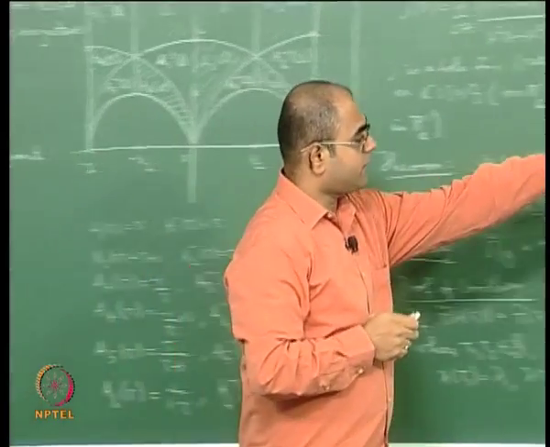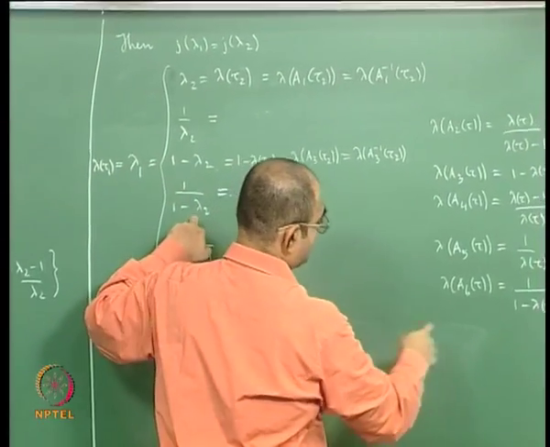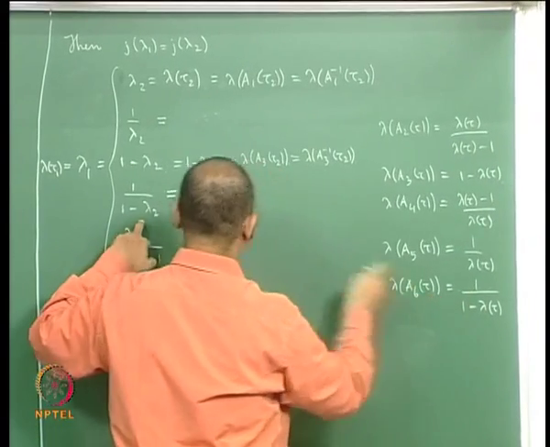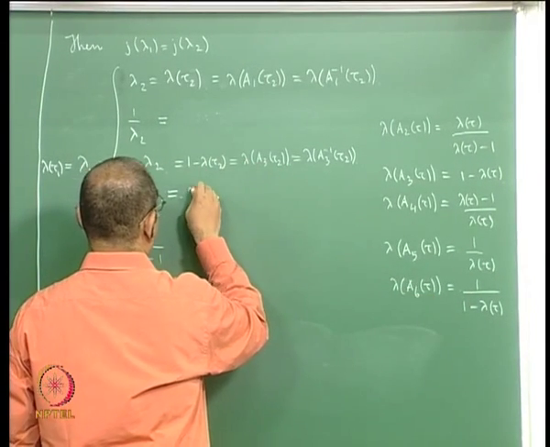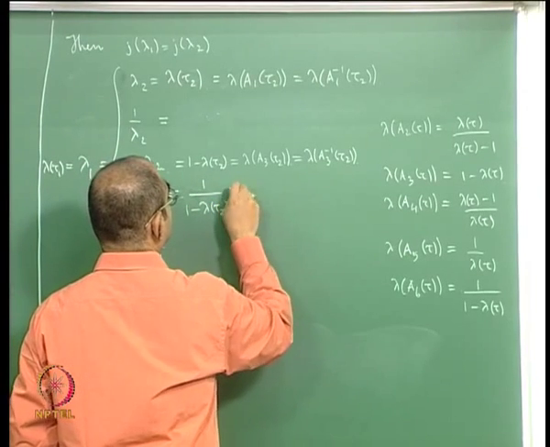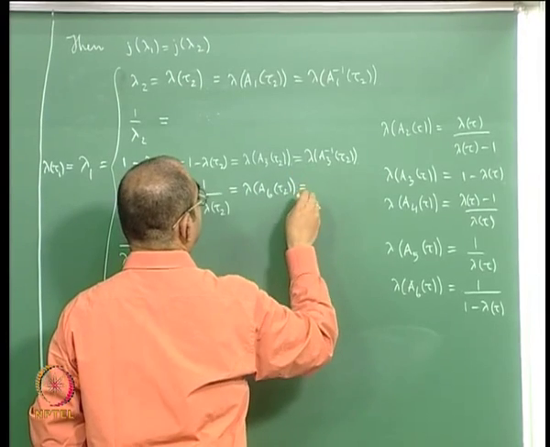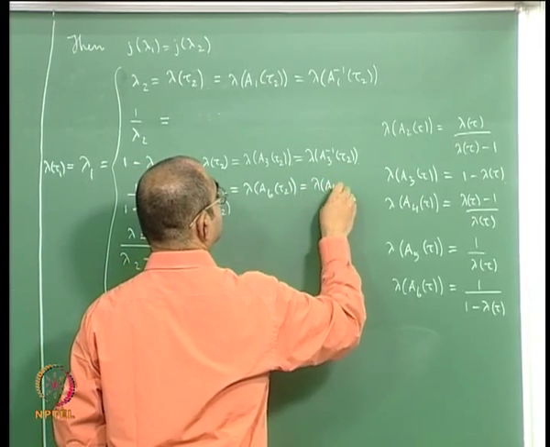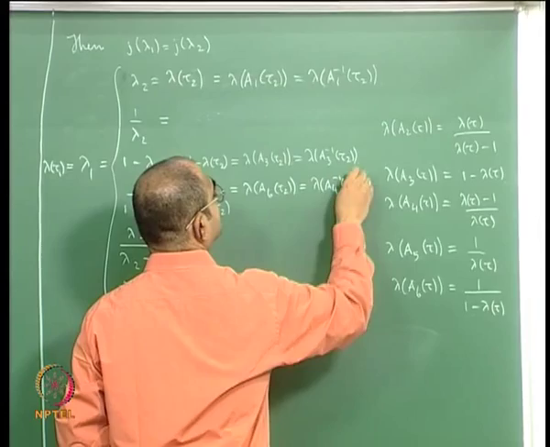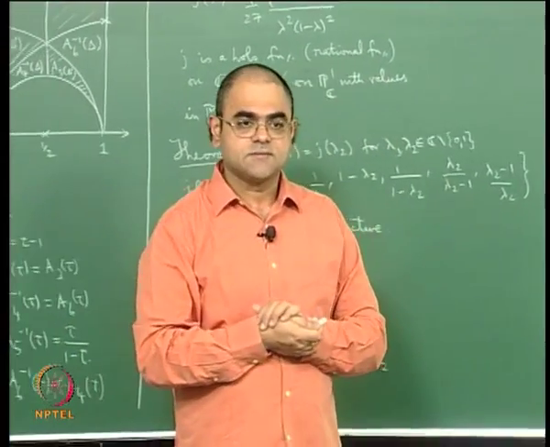So I can write that, and 1 by 1 minus lambda 2 is of this form, so it is lambda of a6 of tau 2. This is also lambda of a4 inverse of tau 2, because a6 is a4 inverse and a4 is a6 inverse, okay.